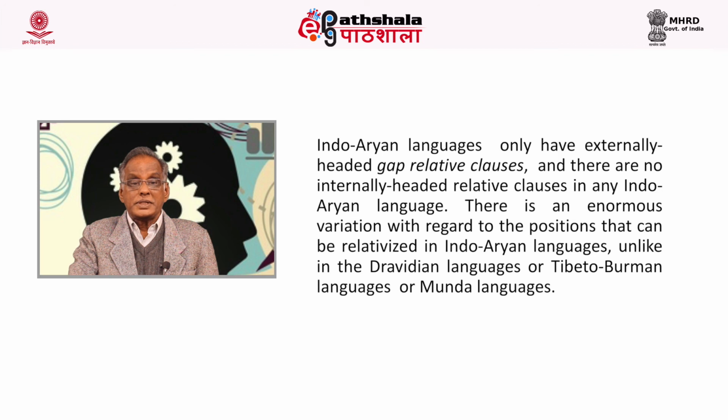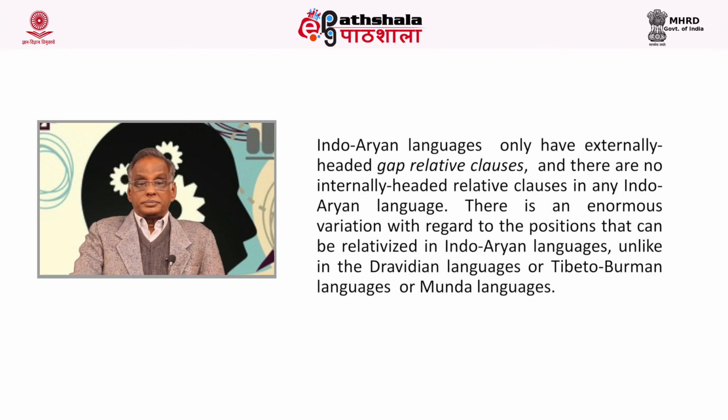So, some specific features. Indo-Aryan languages have relative clauses. There are three types of relative clauses: right adjoint clauses, relative correlative clauses, and VP adjoint clauses. You can see those examples from your handout or from your text.